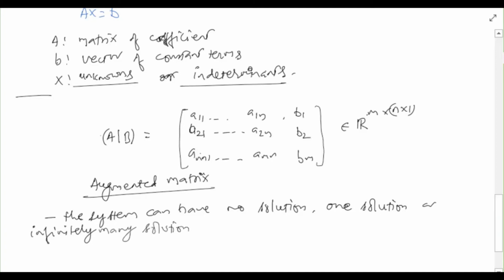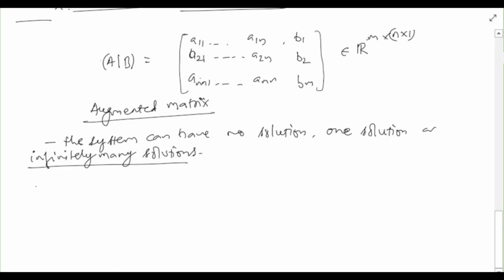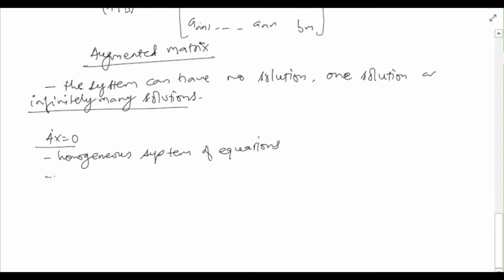Let me elaborate. The system of equations Ax equal to b will always have a solution if b equals 0. In that case, the system of equations is called a homogeneous system of equations. It always has a solution.